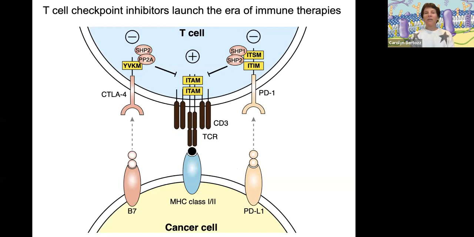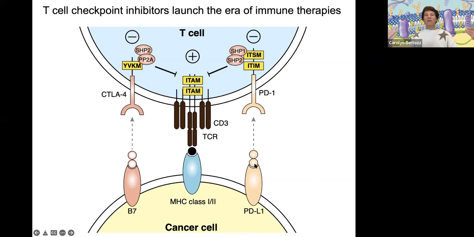So let me blow up that synapse between the T cell and the cancer cell in a little bit more detail, because this is basically the axis of immune modulation that's best understood in the field and which has led to some of the most important immune therapy drugs. And 2 of the big players on the T cell are receptors PD-1 and CTLA-4. And these are both inhibitory receptors. And they bind ligands on target cells, such as PD-L1 for PD-1 and a B7 family of receptors for CTLA-4.